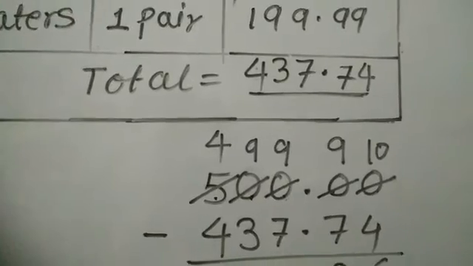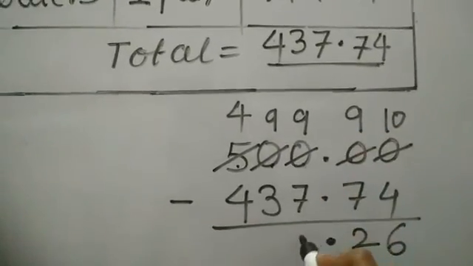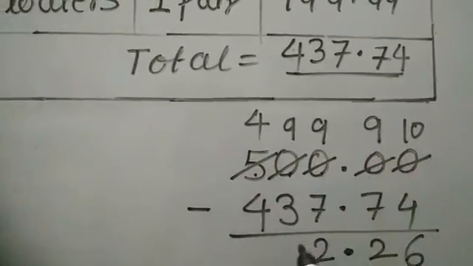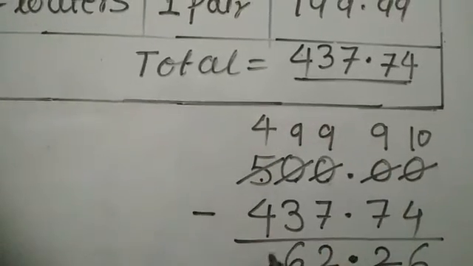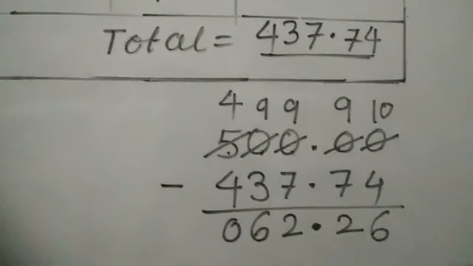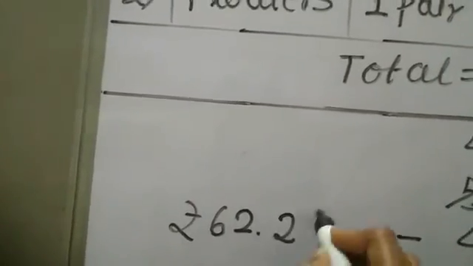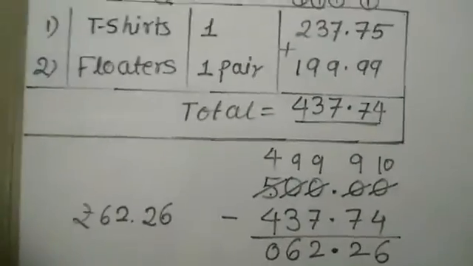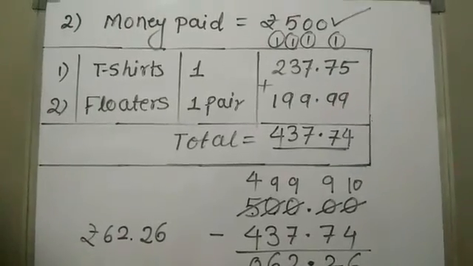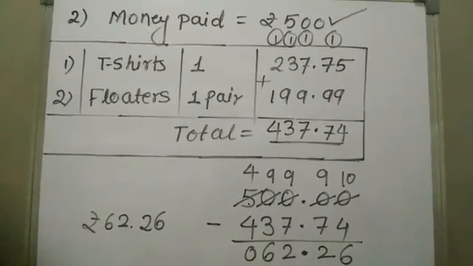Then the decimal point comes over here. 9 minus 7, 2. 9 minus 3, 6. And 4 minus 4, 0. Hence the amount left over is 62.26. It means how much amount is left over? 62 rupees 26 paise. Likewise, you can find out the total amount and money left over in the third bill.